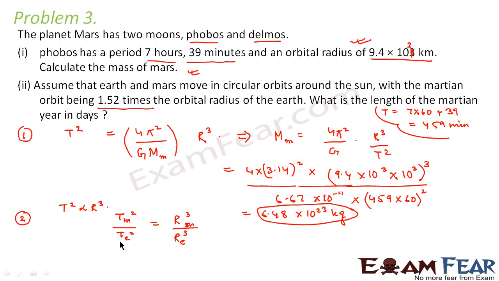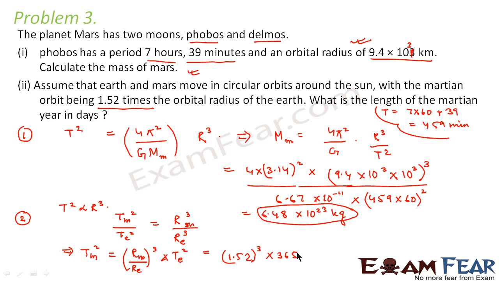From here I can say Tm square is equal to Rm by Re whole cube into Te square. Now in this, Rm by Re is given as 1.52. So this is 1.52 whole cube into time period for Earth, that is Te, is 365 days.